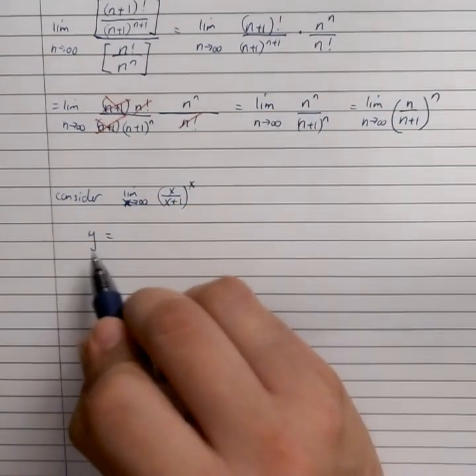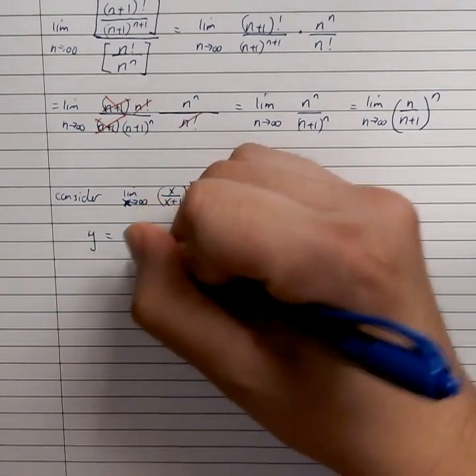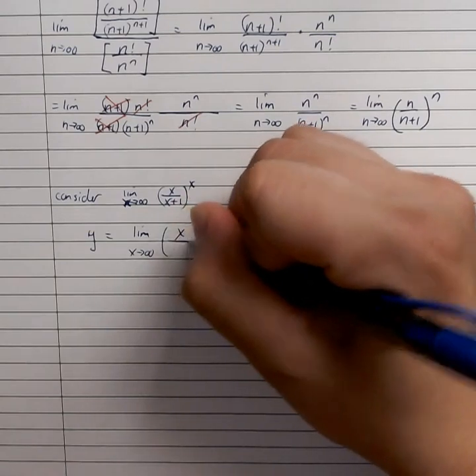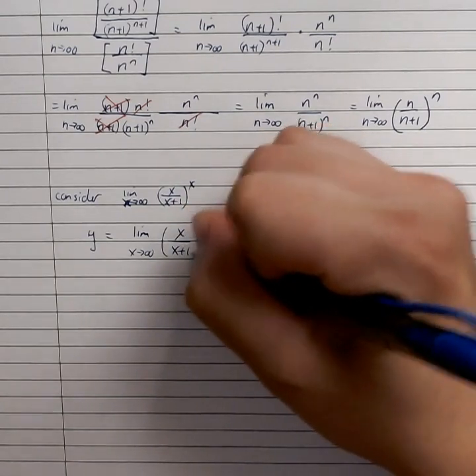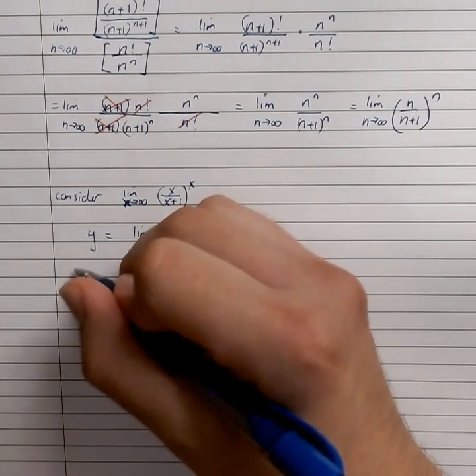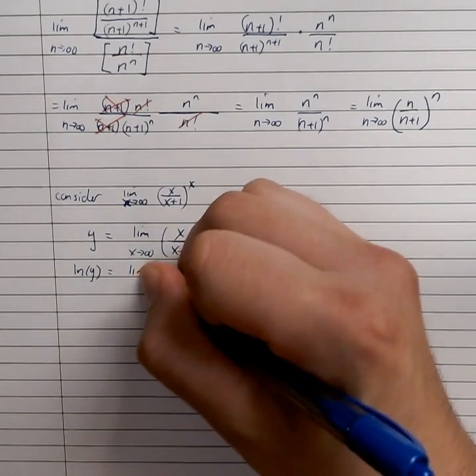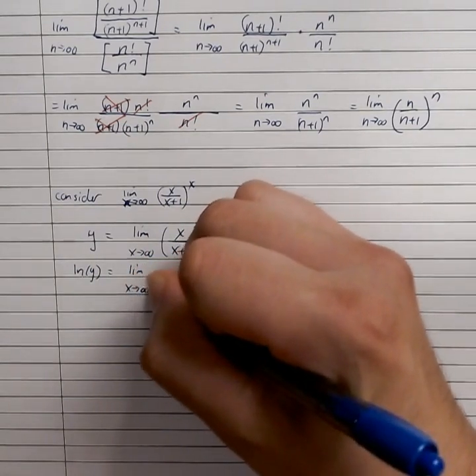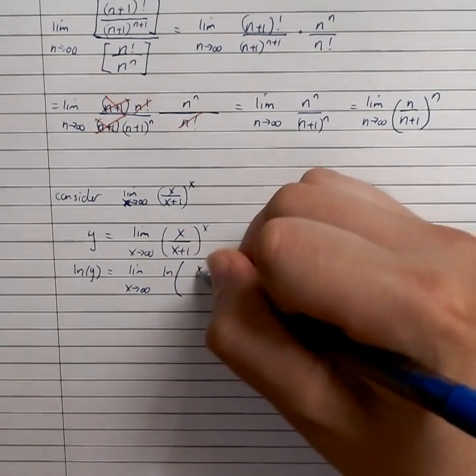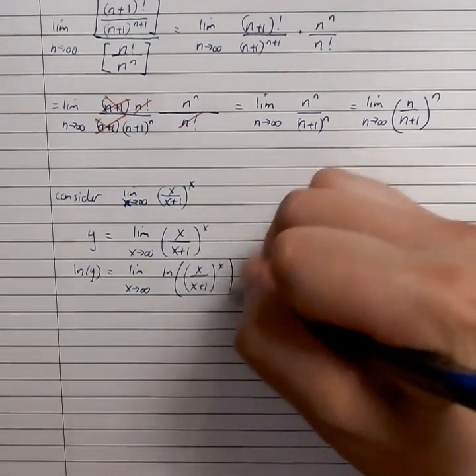So here we're going to take y equals that. Okay, so that's the limit as x approaches infinity of x over x plus 1 to the power x. Okay, let me take the natural log of both sides. So the natural log of y is equal to the limit as x approaches infinity of the natural log of x over x plus 1 to the power x.